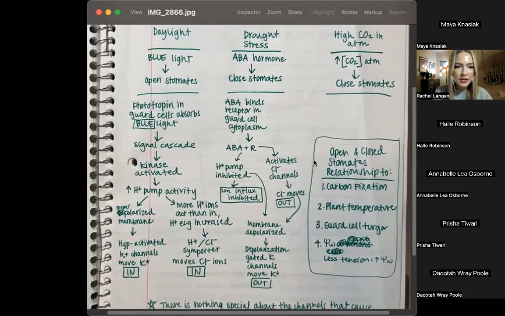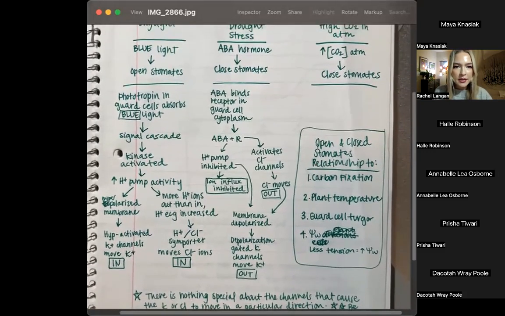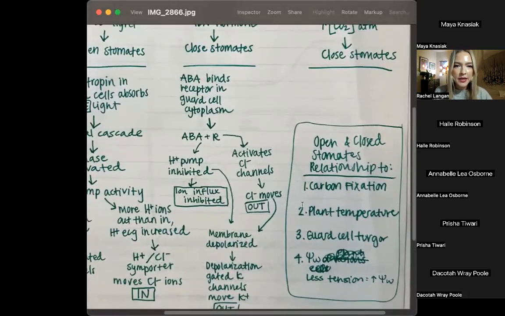The last thing to talk about is you should know how opening and closing stomates affects all of these things here. How will it affect carbon fixation? You close the stomates, less CO2 in, less carbon fixation.